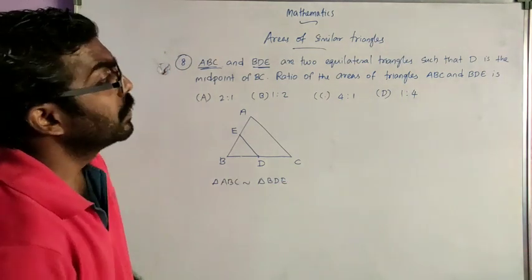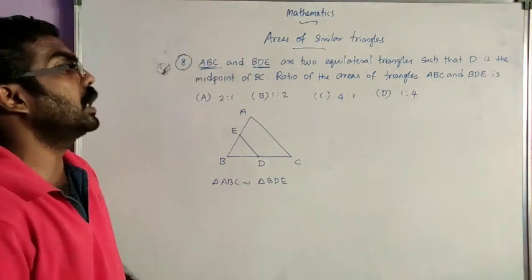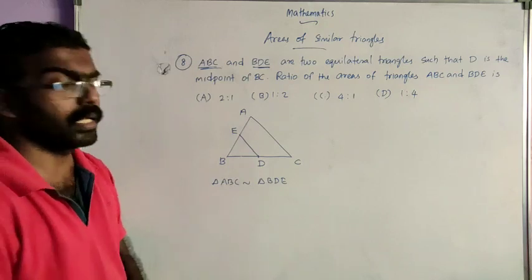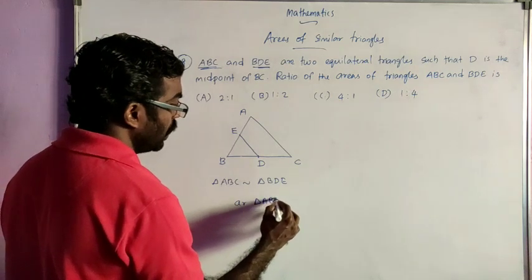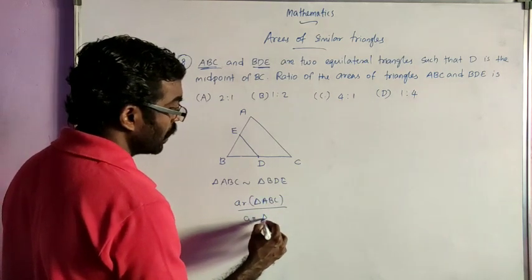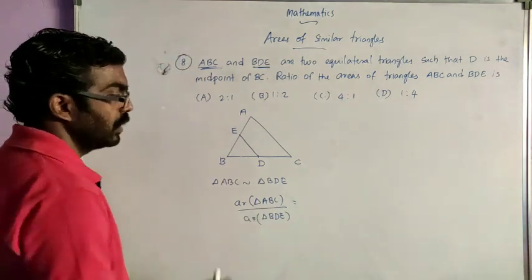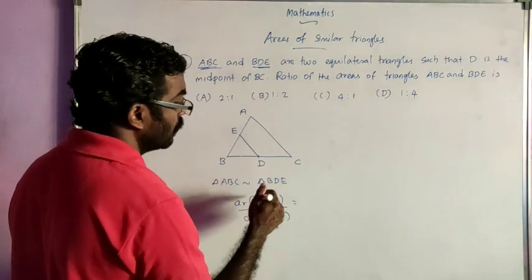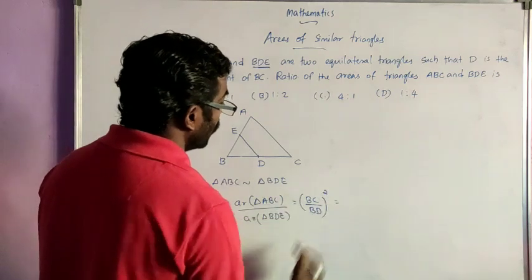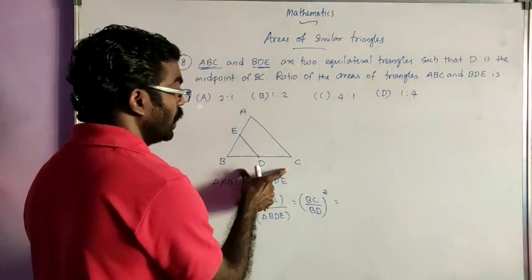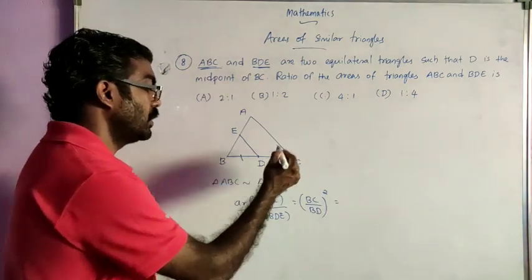And the ratio of the areas of triangle ABC and triangle BDE is what we have to find out. So we can write area of triangle ABC divided by area of triangle BDE will be equal to the square of the ratio of their corresponding sides. Here we can take the sides BC and BD, so BC by BD the whole square. And here BC is the double of BD, since D is the midpoint, BD and DC are equal.